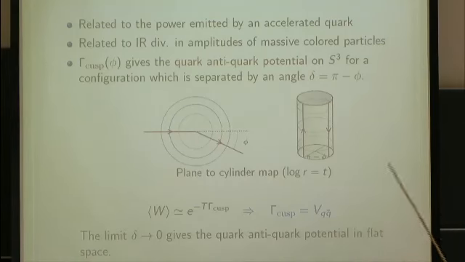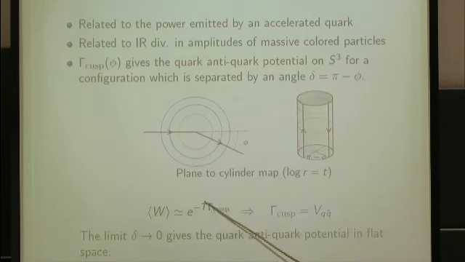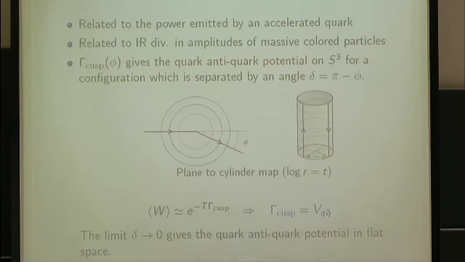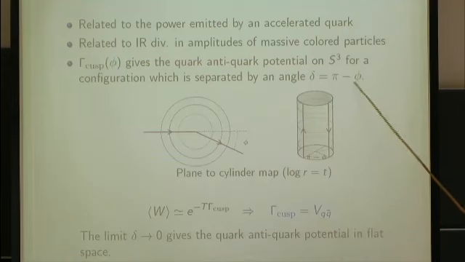So essentially, the logarithm of the cutoff gives us the temporal extension of these two lines, and what we were calling the gamma cusp is precisely the quark anti-quark potential. This is in the cylinder, but if we take the limit in which phi goes to pi, this is also the quark anti-quark potential in flat space. So this is another interesting limit.